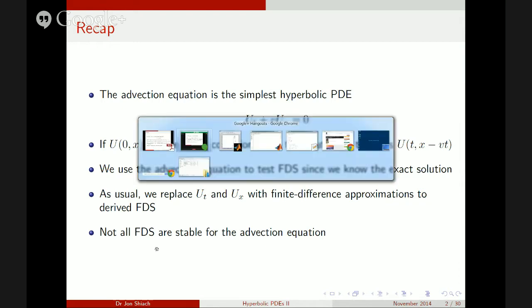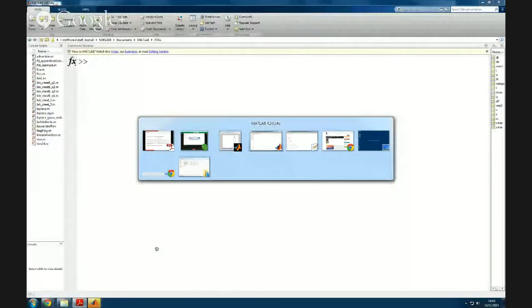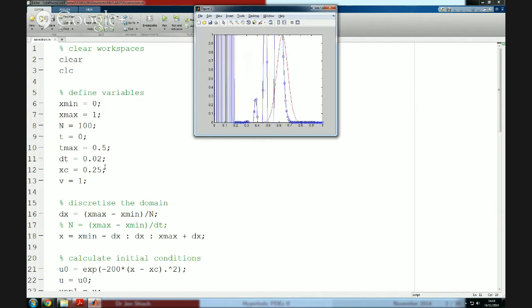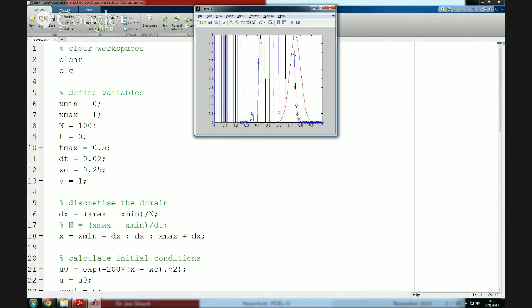I've just got MATLAB here with the program which we looked at last week. In this program, I'm using a dt of 0.009, quite a small time step. What we're going to be looking at today is why I am using this small time step. If I increase the time step a bit, let's say 0.02, and run that problem, it soon becomes a bit unstable.